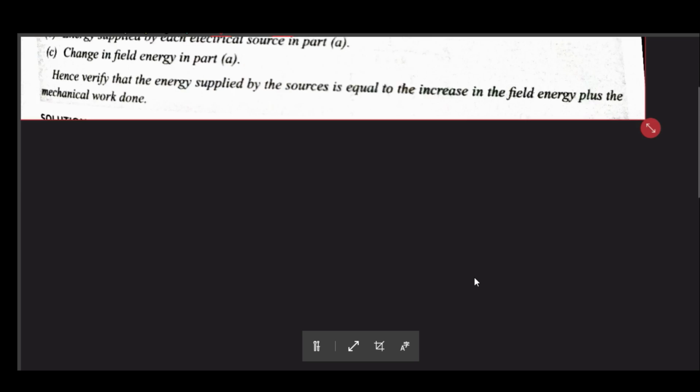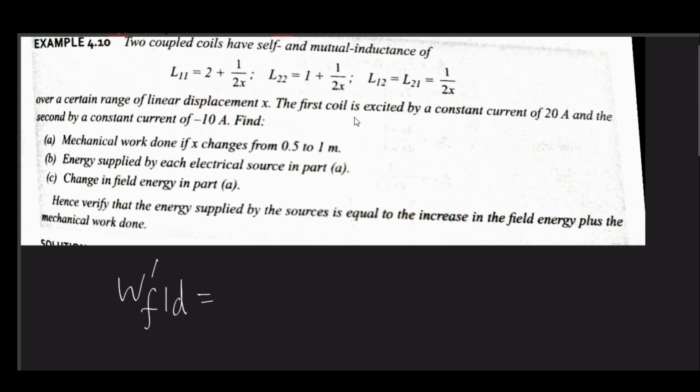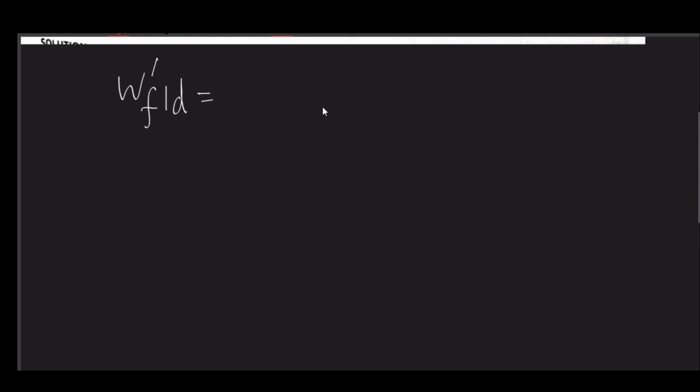It's very straightforward, like this W field, as it is a multiply excited one. But here we would like to utilize the expression of co-energy, because please note that the flux linkage is not mentioned. So we will exploit the concept of co-energy here. And what is co-energy?